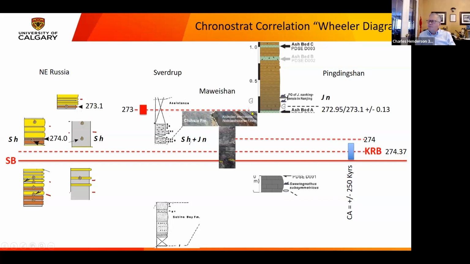Okay. Of course, there's the Maui Shan section that Shuzhong just showed, and very interesting section. I haven't been to this location, but we've certainly talked about it on Zoom, and I think it's a very important section. So where do we put it into this chronostratigraphic figure?